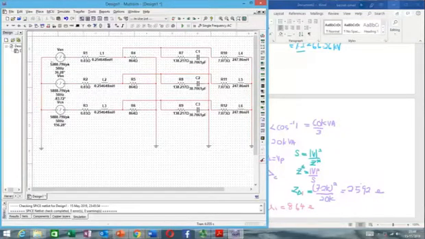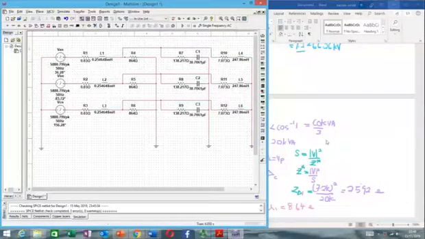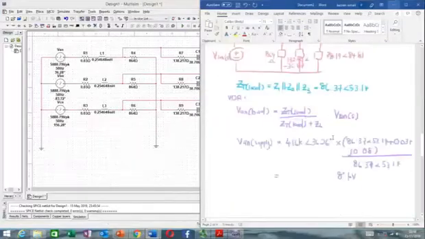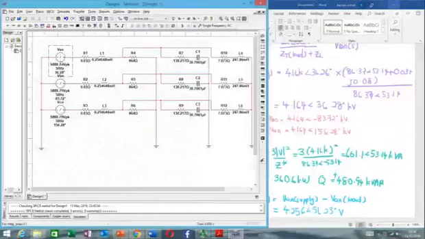But make sure that you have a neutral line connected between all phases. Okay, so Vn for supply from the calculation is 36.28.